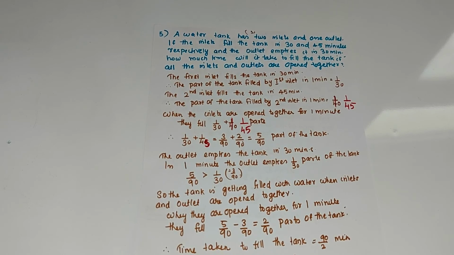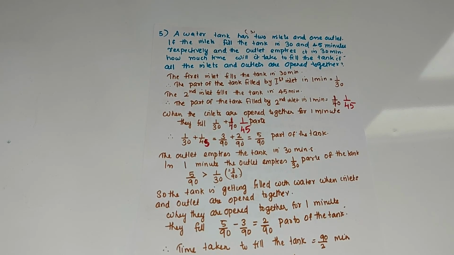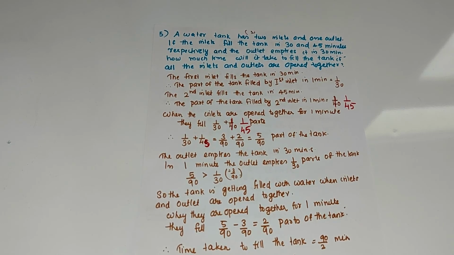That means the tank is getting filled with water when the inlets and outlet are opened together, because the inlet part is greater. So when they are open together for 1 minute, they fill 5 by 90 minus 3 by 90, which is equal to 2 by 90 parts of the tank.